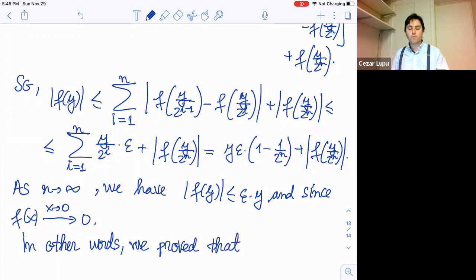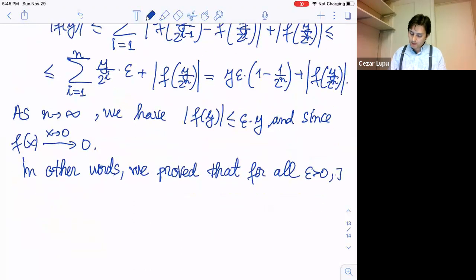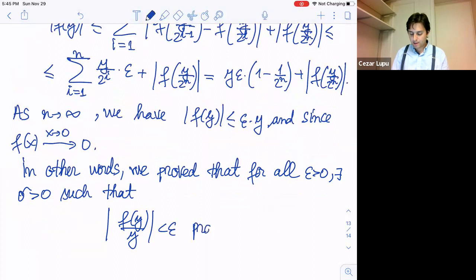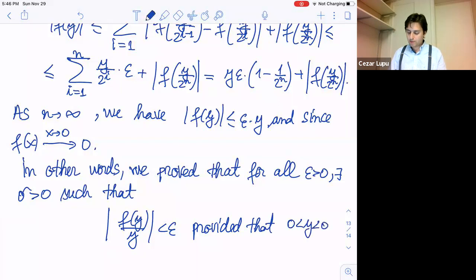What did we prove? We proved that for all epsilon positive, there exists a delta which is positive such that the absolute value of f of y over y is less than epsilon, provided that y is positive but less than delta.